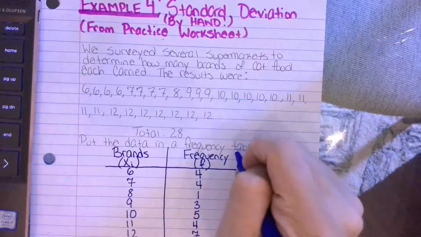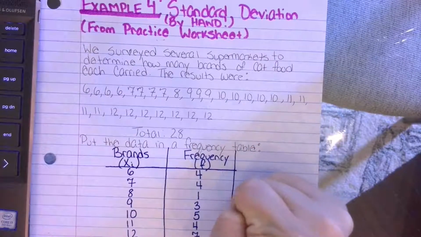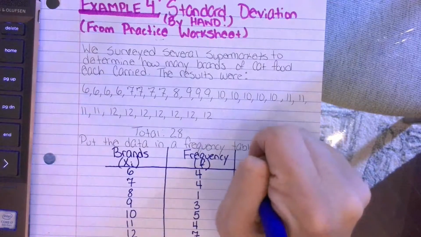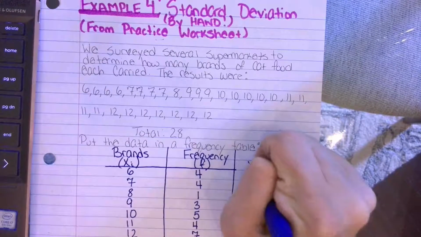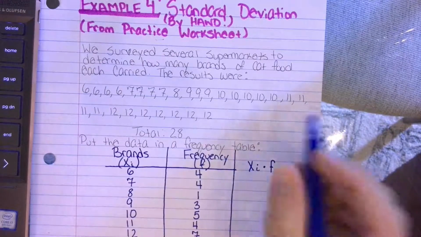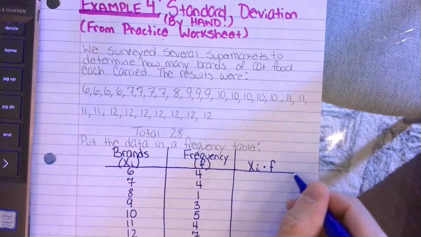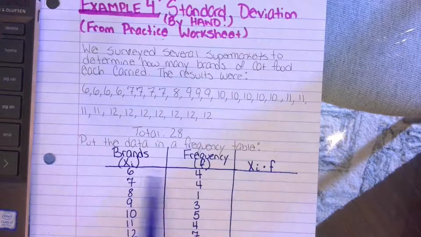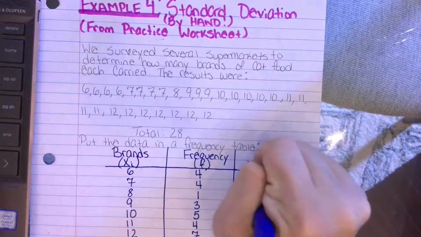So the next thing I'm going to do is I'm going to want to calculate the mean of this. So I'm going to take each x i and multiply it by my frequency. So this is going to be 6 times 4, which is 24.